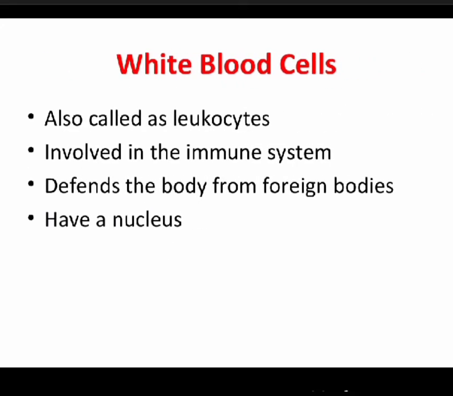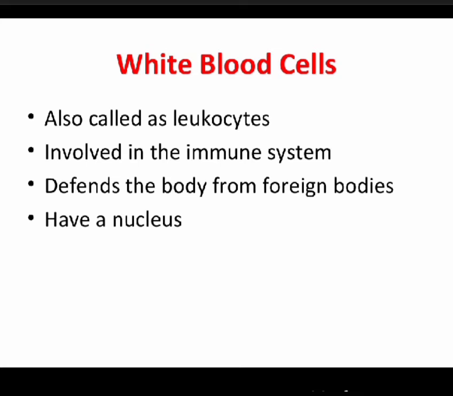And we also have white blood cells, which are also known as leukocytes. Now, they are the major part of the immune system. Okay, the immune system, you will get to learn about the lymphatic system, but when you say white blood cells, they are the major part of the immune system.